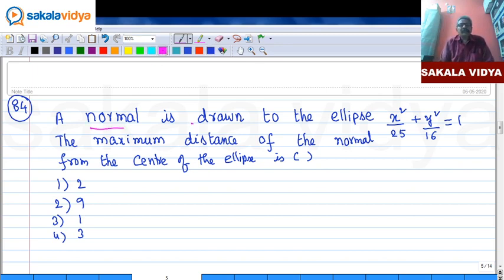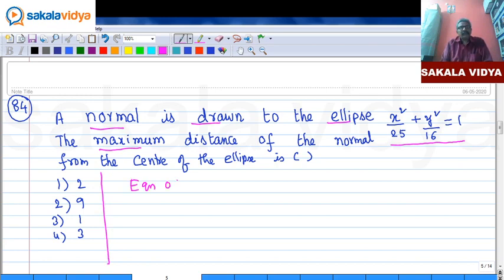A normal is drawn to the ellipse x square by 25 plus y square by 16 is equal to 1. The maximum distance of the normal to this ellipse from the center. Center means 0, 0. First let us find out the equation of the normal.